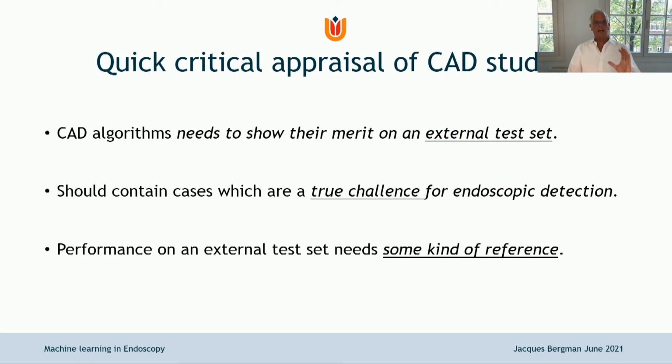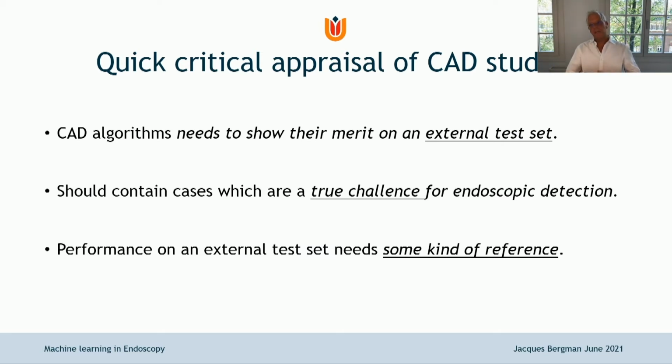So key elements of good quality CAD studies is that they need to have an external test set, a test set that you have taken somewhere else that you've not used for training at all, that comes from another hospital or preferably multiple other hospitals, and that you then use that test set to see how your algorithm is performing.